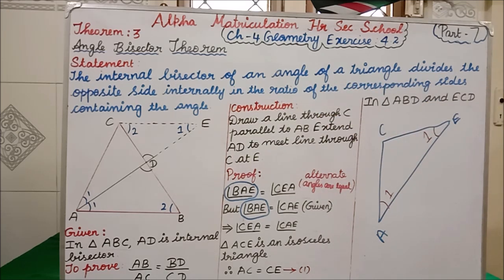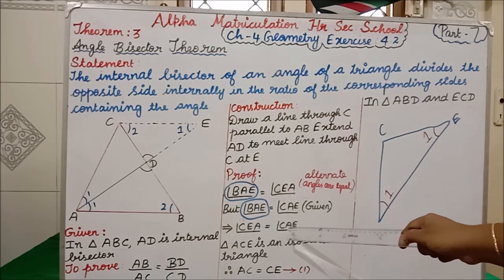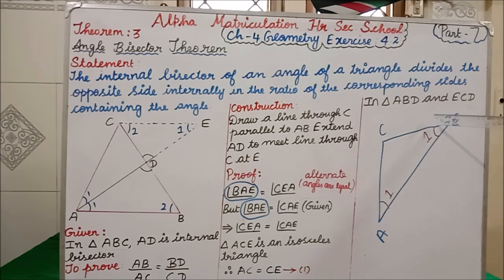Now what have we proved? Angle E is equal to angle A. So I have marked angle E is equal to angle A. So here also angle 1, here also angle 1. If you notice, here also angle 1. So what is the full angle?